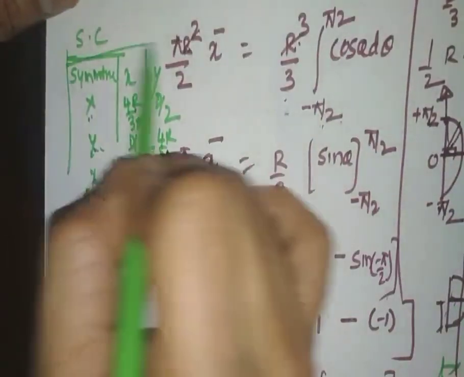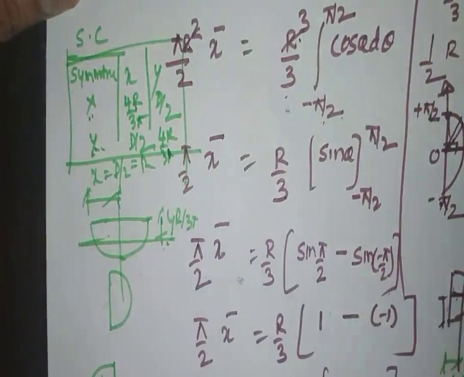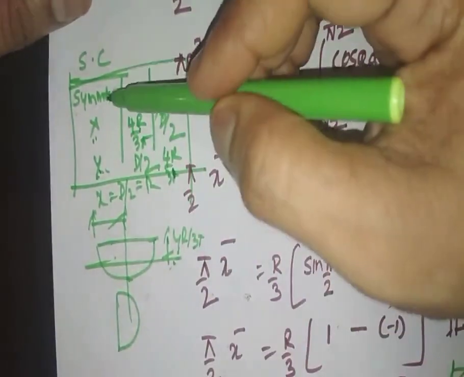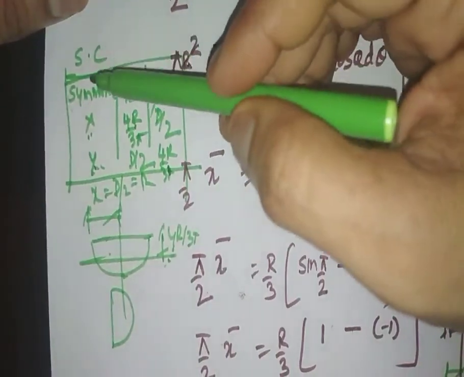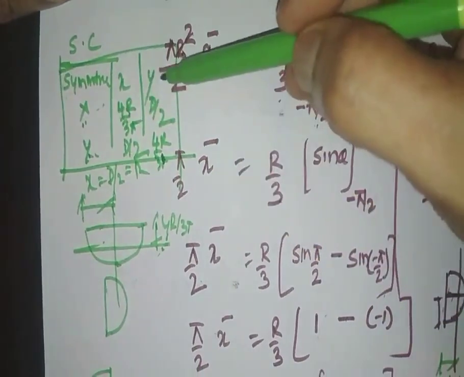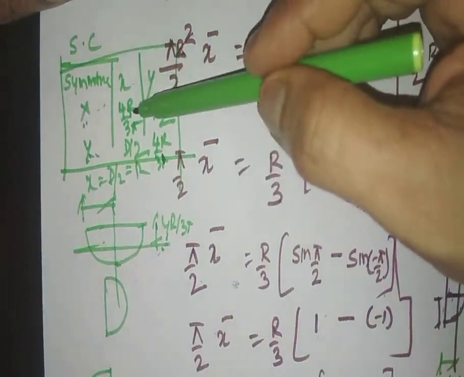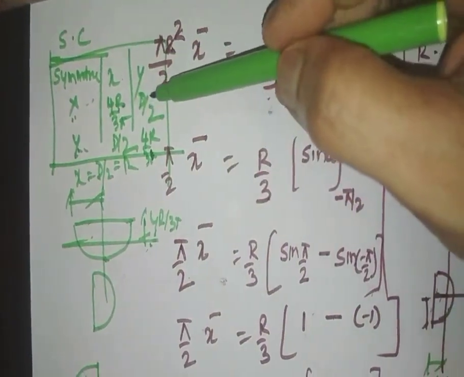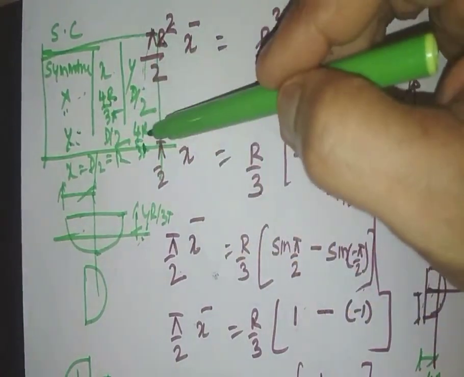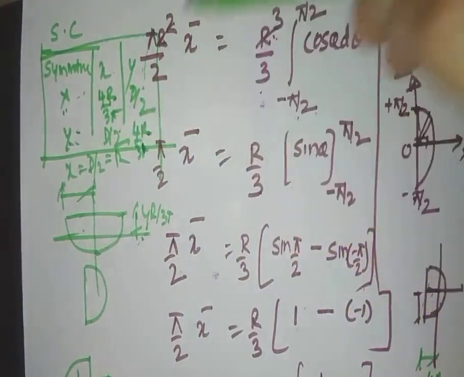So this is very, very important when you take out the formula related to the composite section. We need to identify whether the semicircle is symmetric about x-axis or y-axis. If it is symmetric about x-axis, then x would be 4r by 3 pi and automatically y would be d by 2. If it is symmetric about y-axis, then y would be 4r by 3 pi and x would be d by 2.